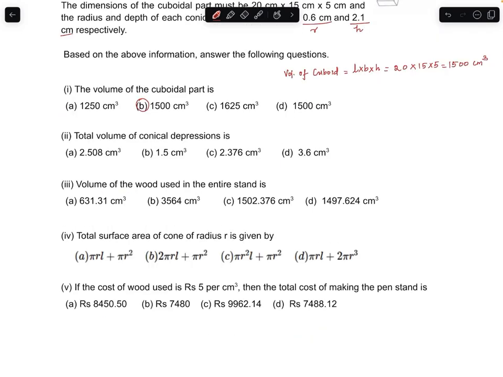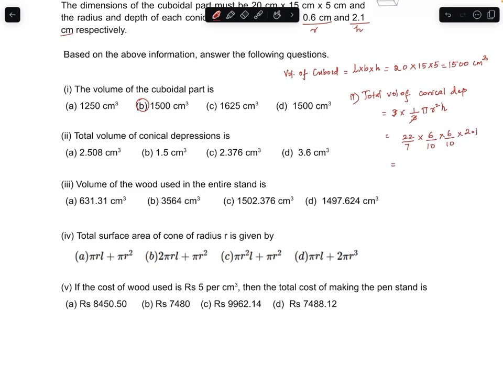Second question. The total volume of the conical depressions is equal to 3 times 1 by 3 pi r square h, as we have 3 depressions in the stand. 22 by 7 times 0.6 can be written as 6 by 10 into 6 by 10, and h is 2.1.